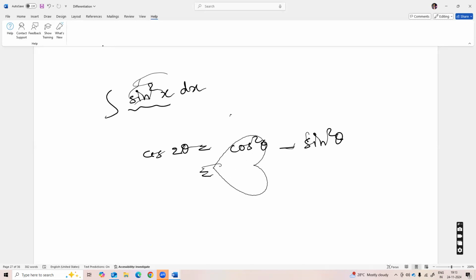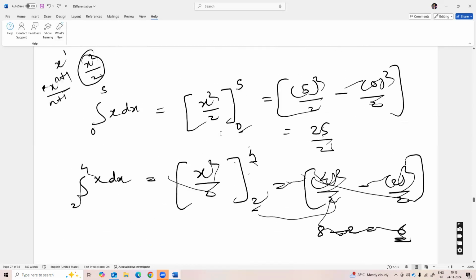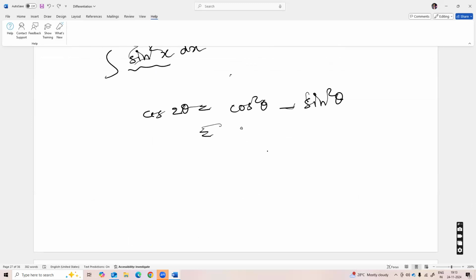From the double angle formula, we have cos 2 theta as cos square theta minus sine square theta.